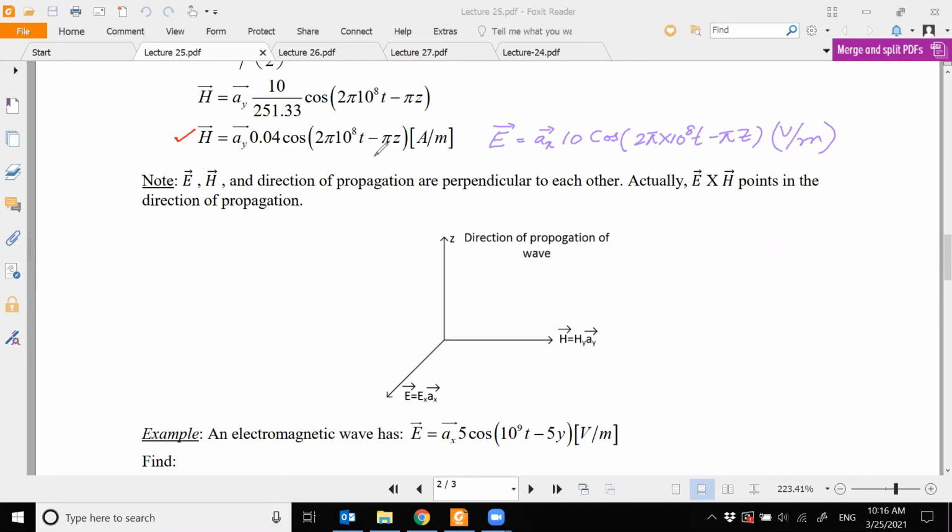Now let's compare these two. If we compare these two, what are the important conclusions that we are going to get?